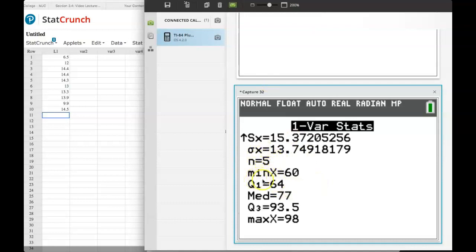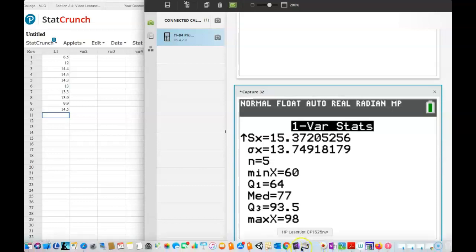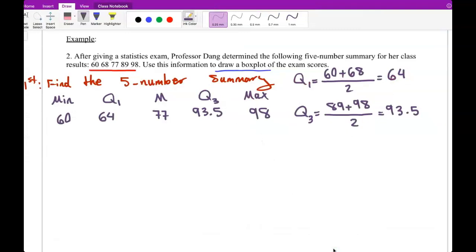The answer for minimum value is 60, Q1 64, median 77, Q3 93.5, and max is 98. So exactly same as what we did without using calculator. So here are the answers.